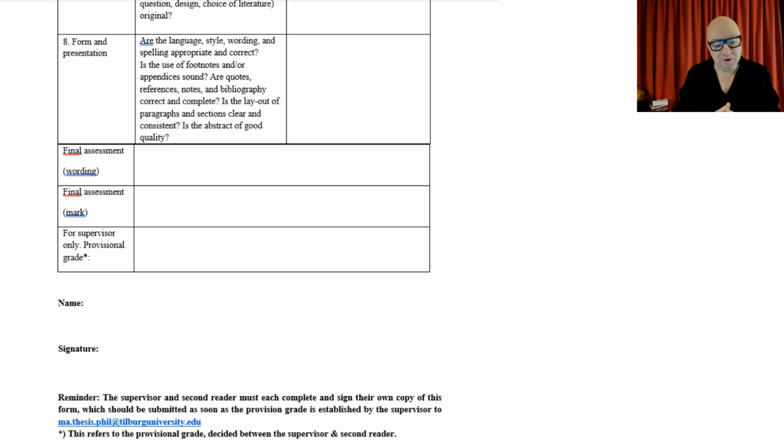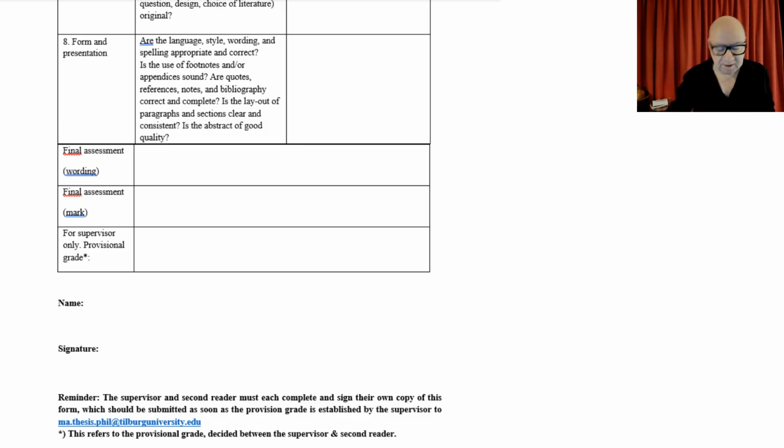So if they put a provisional grade here and say it's a 7, then we can see that on the joint assessment form there needs to be a justification of the additional half point that you got for the defense. So that's why on this individual assessment form of the supervisor there's room for the provisional grade.